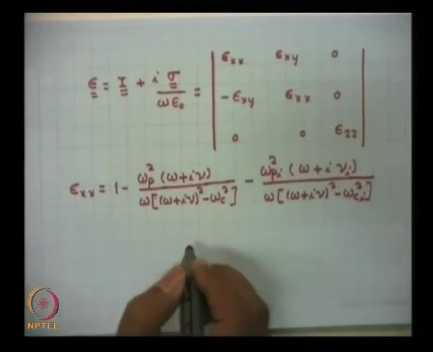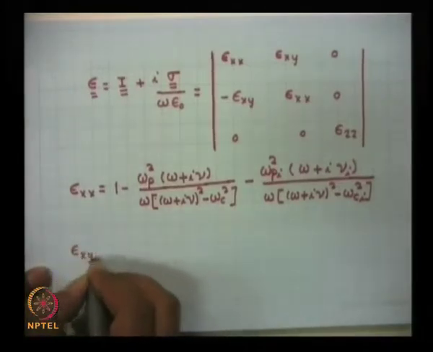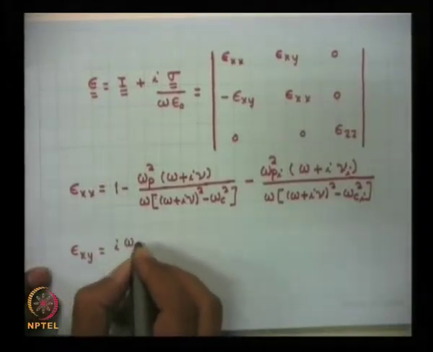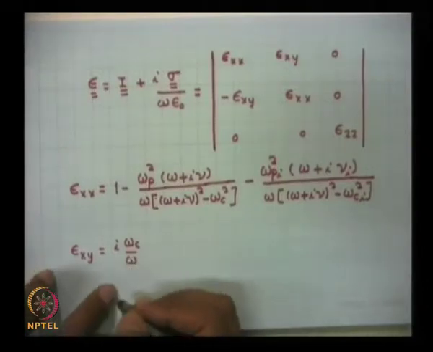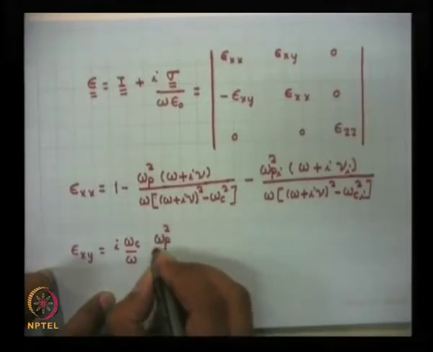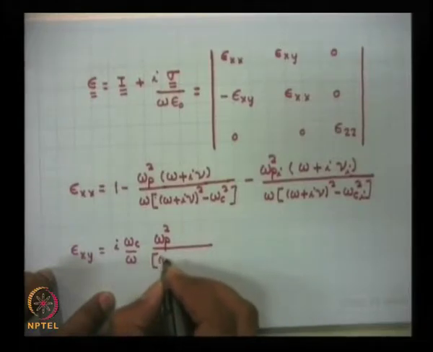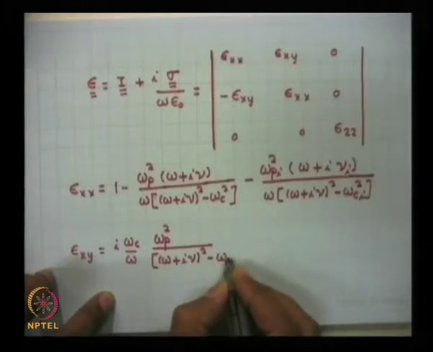This is the expression, and epsilon xy turns out to be i omega c upon omega, the electron cyclotron frequency upon omega, into omega p square upon the same factor here, (omega plus i nu) square minus omega c square.